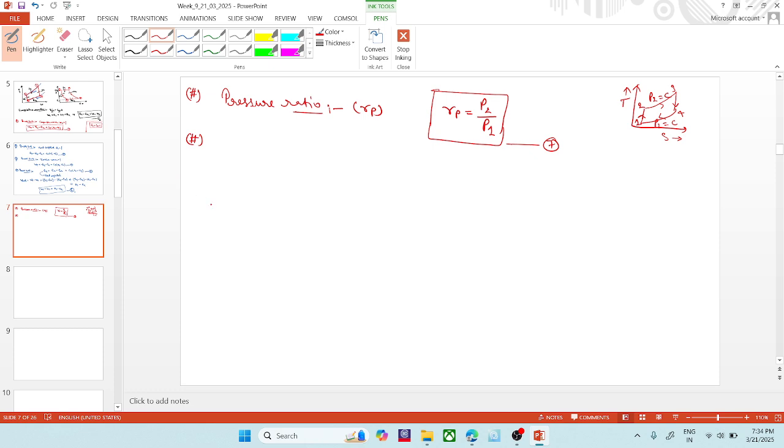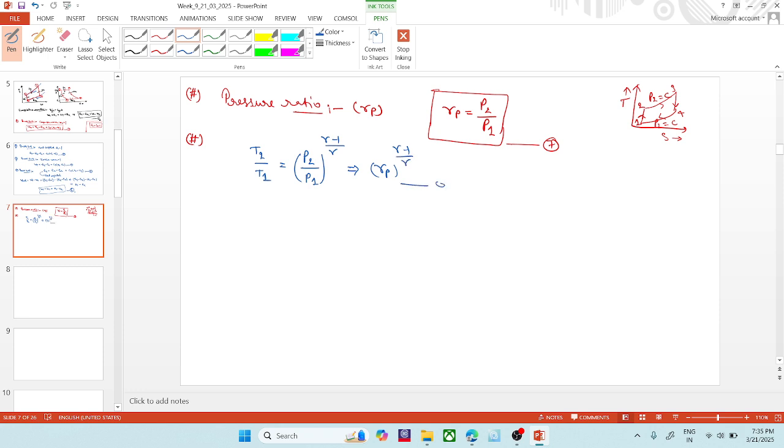As my process 1 to 2 is isentropic, I can write this equation: T2 by T1 would be P2 by P1 to the power gamma minus 1 by gamma. Okay, and this P2 by P1 is simply defined as the pressure ratio. So it would be Rp to the power gamma minus 1 by gamma.